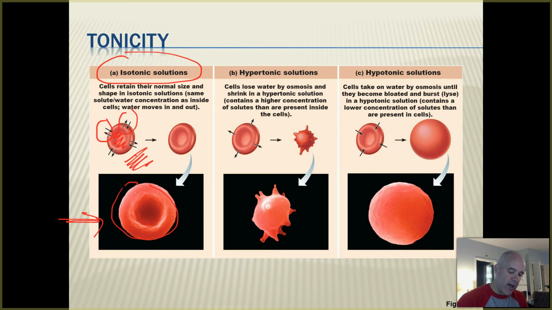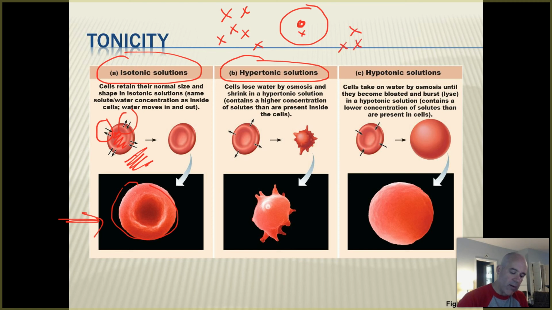Okay, now what happens if you have a cell sitting in a hypertonic solution? So if we've got a little cell here, and let's say the little X's are solutes, and you've got more solutes out here, more concentrated outside, fewer on the inside. What's going to happen with your water in that situation?